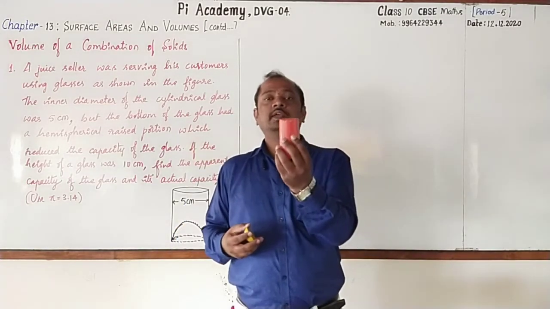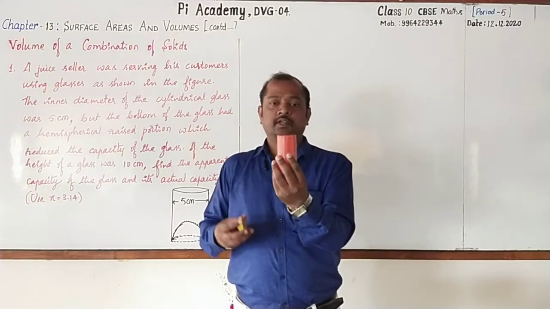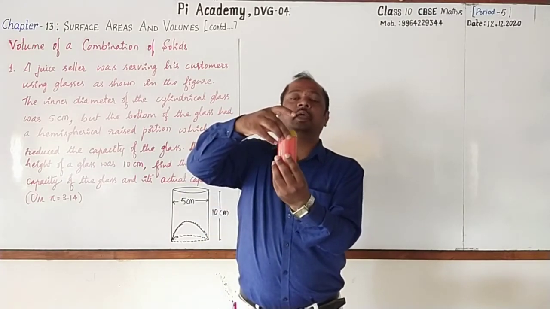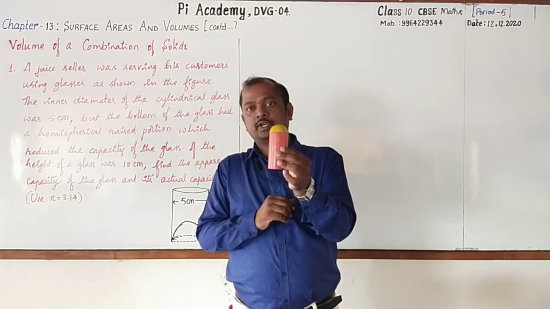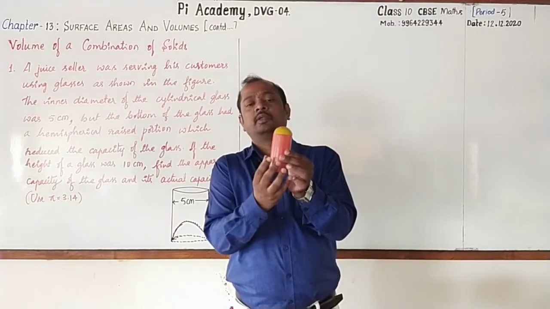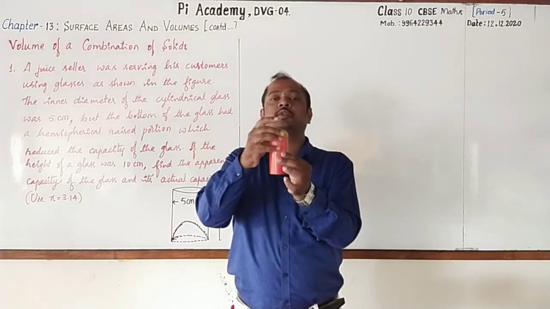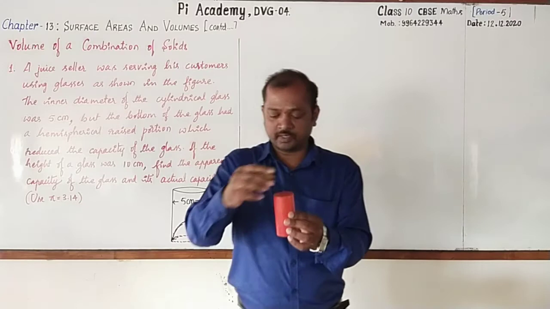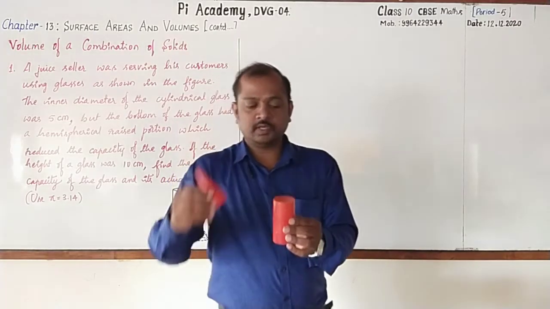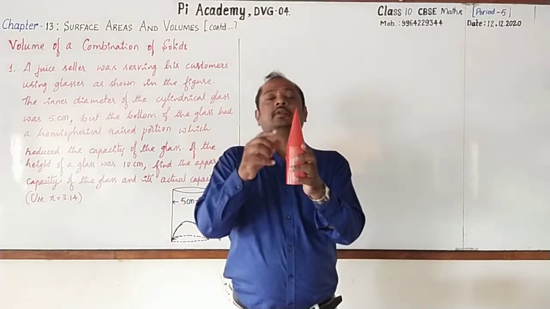Look here. Here we have a solid cylinder. Now I am going to place a hemisphere on this. Then could you tell the total volume of this solid? Very simple. The volume of the cylinder plus volume of hemisphere, right?